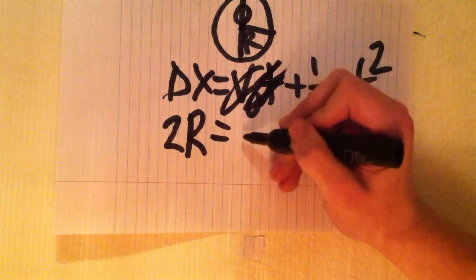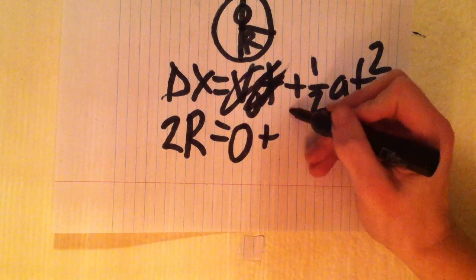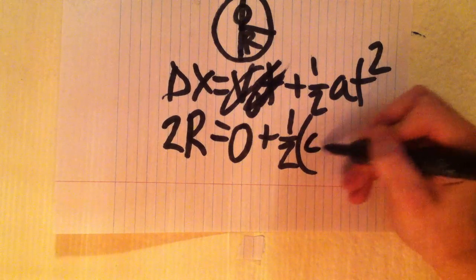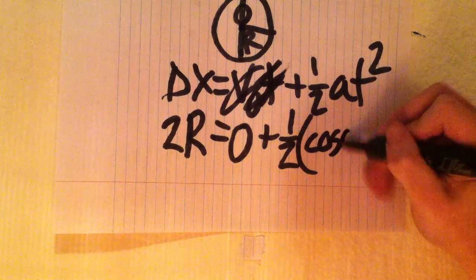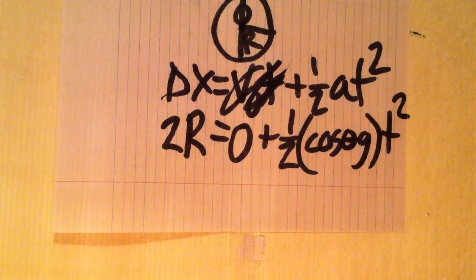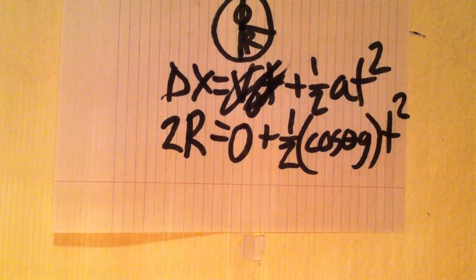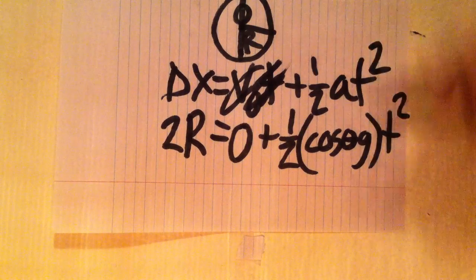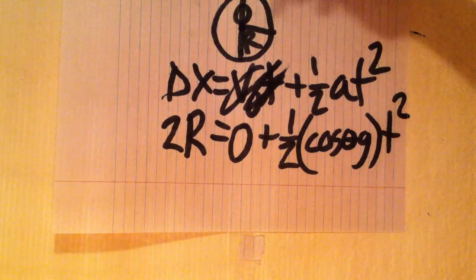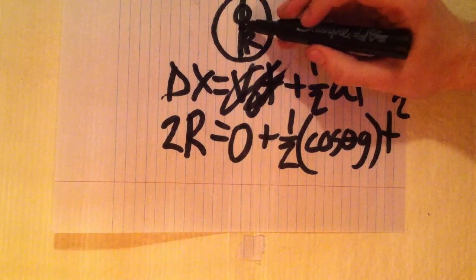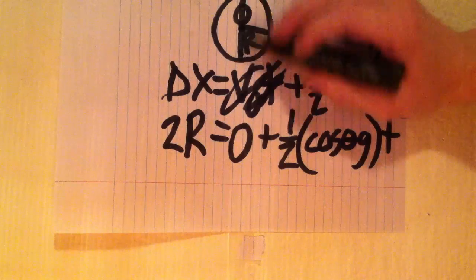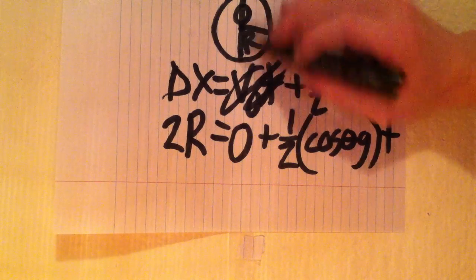So that's 0 plus 1/2. I explained earlier that the acceleration of the bead along any point is cosine theta g, times time squared. Well, since it's vertical, it's going to be cosine of 0, because there's no angle relative to the vertical center and the string we now have set up here.